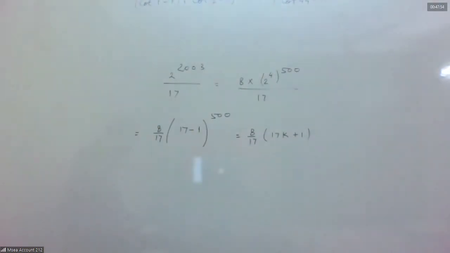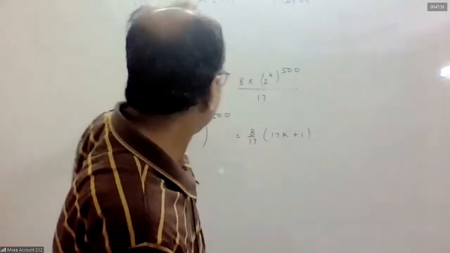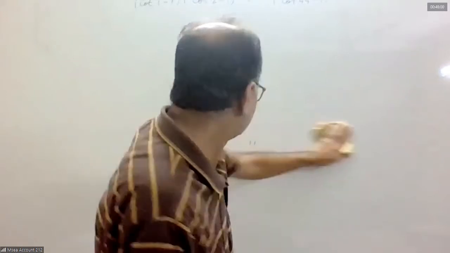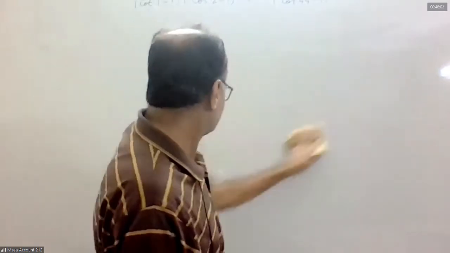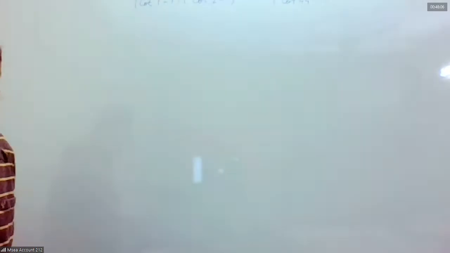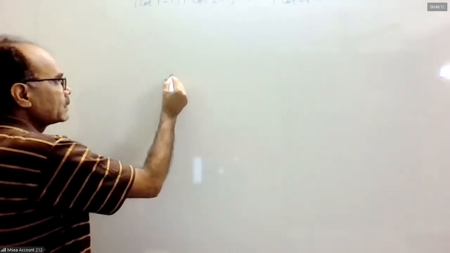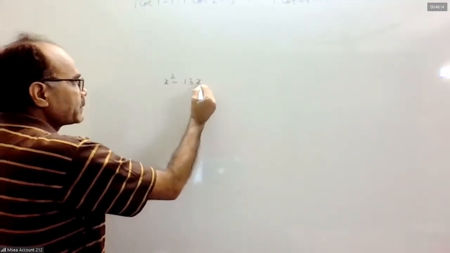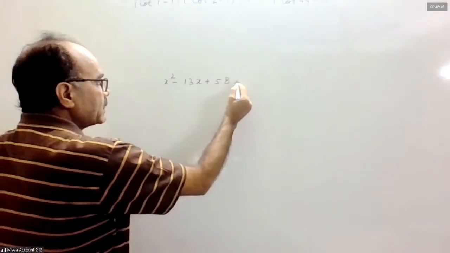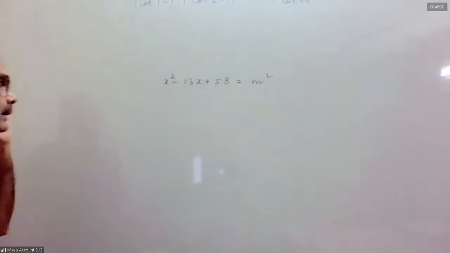Number of integral values of x. x square minus 13x plus 58 equal to some integer square, for some integral value of m. Yes, sir.